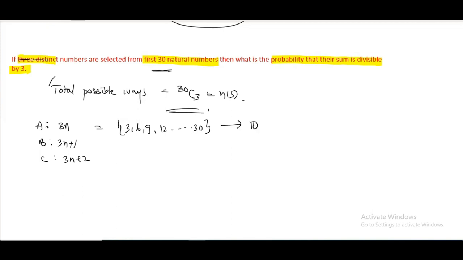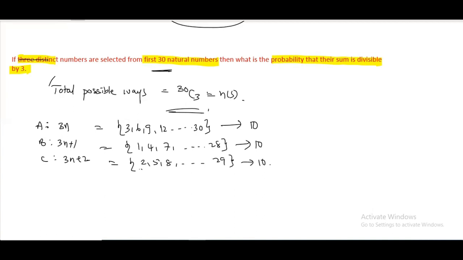These are 10 numbers. 3n plus 1 means 1, 4, 7, these kind of numbers, 10 numbers. 3n plus 2 means 2, 5, 8 up to 29, these kind of numbers, 10.